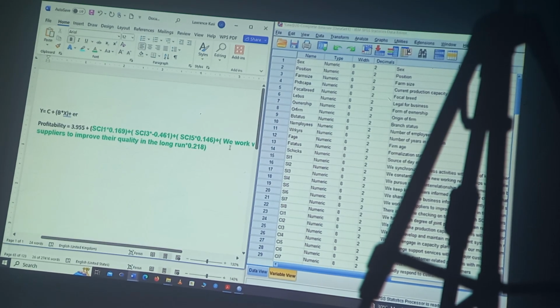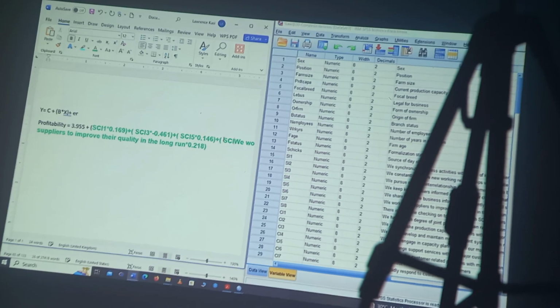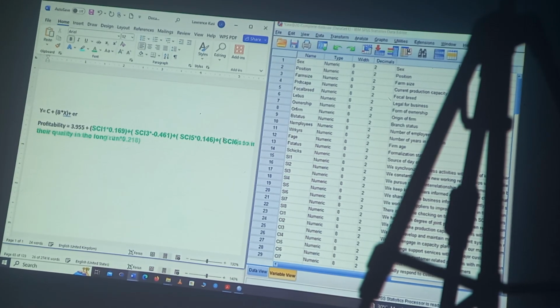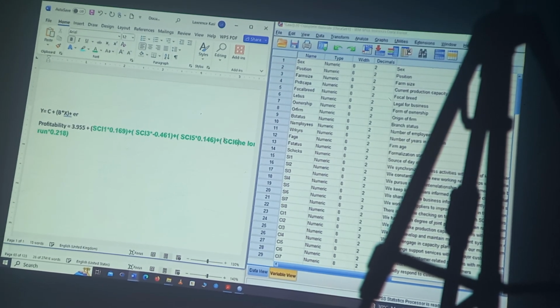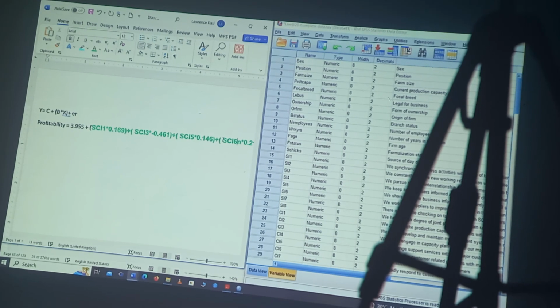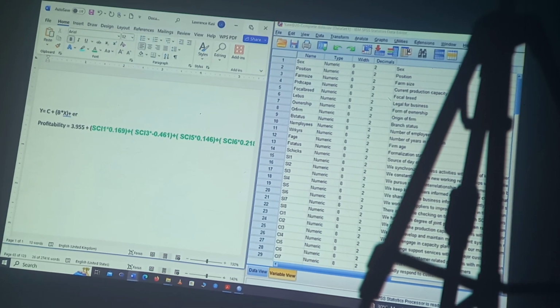And then we work with suppliers to improve, that is 6, supply chain integration 6. So simplify the equation.